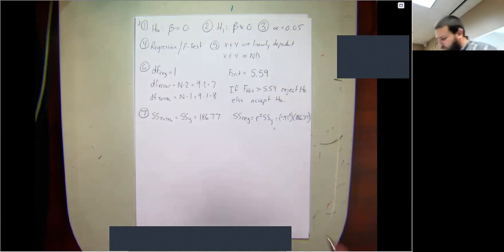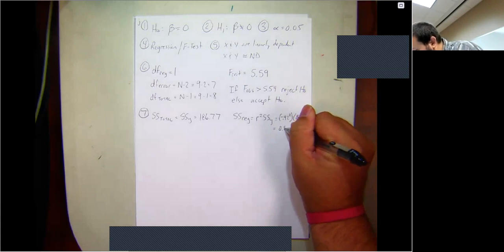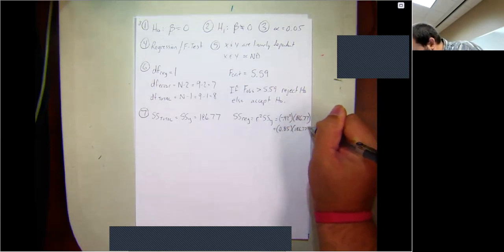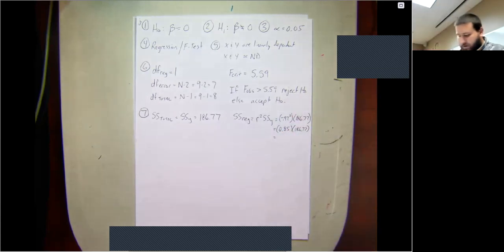So it's going to be a positive when we square it, and it's 0.85 times 186.77. So sums of squares regression is 158.75.